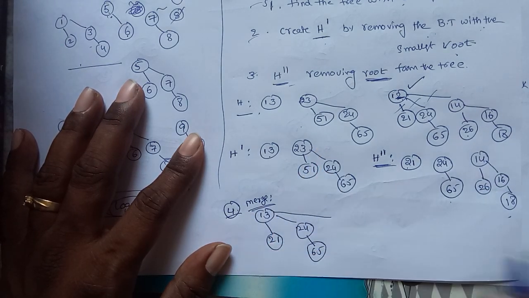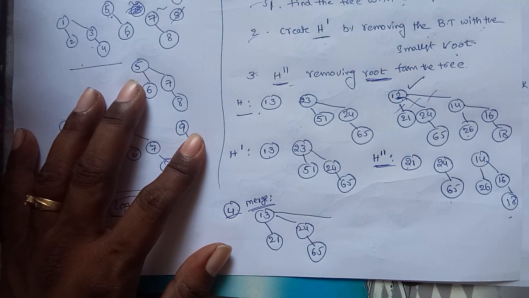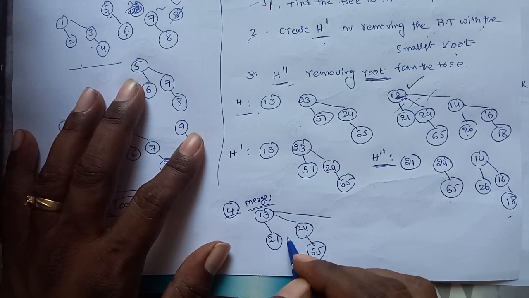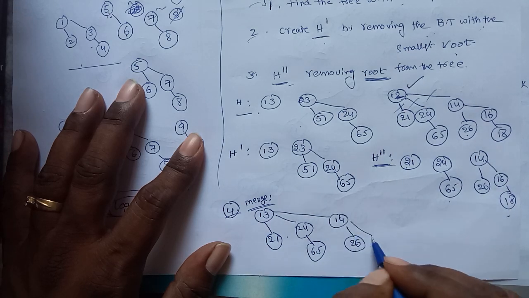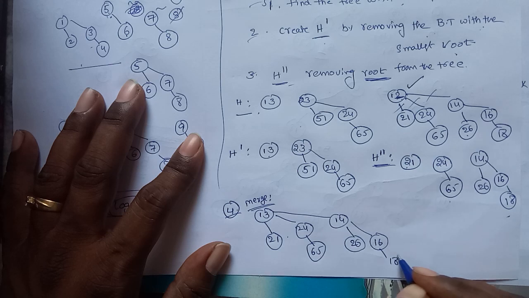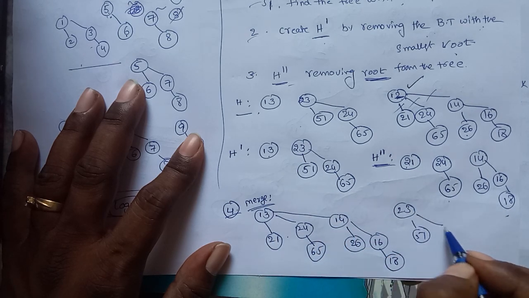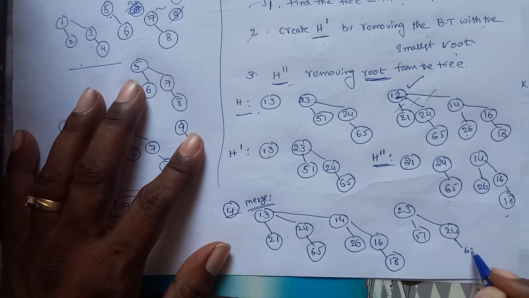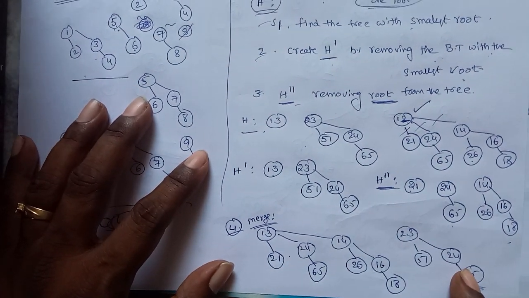Merge two B2s. Among these three, we have to select any two. That is your wish. So I am merging this one and this one. Suppose the 14, 26, 16, 18. And finally 23, 51, 24, 65. This is the binomial queue after deletion.